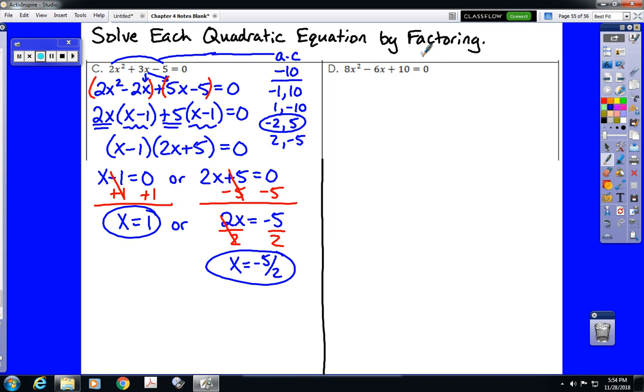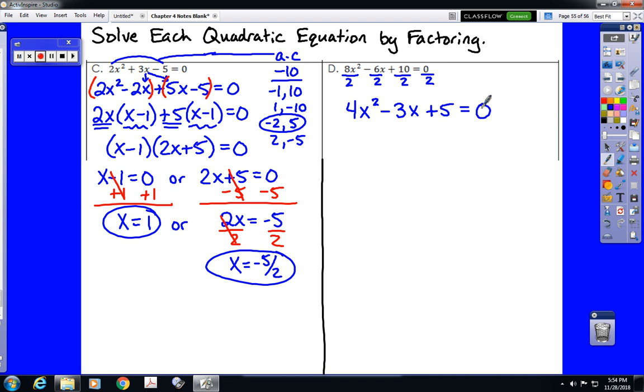And this trinomial, 8x squared minus 6x plus 10, has a greatest common factor of 2. So before we start even looking to see how we factor it, we should divide everything in the entire equation by 2 because we can, and that will make the numbers smaller. So that would turn this equation into 4x squared minus 3x plus 5 equals 0.